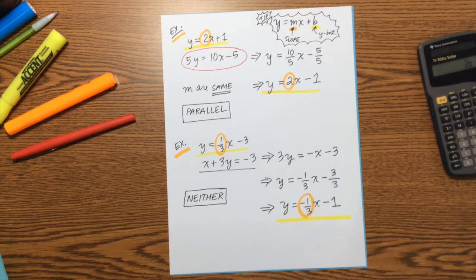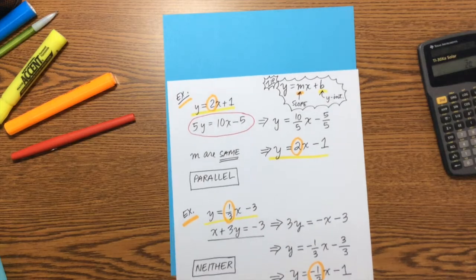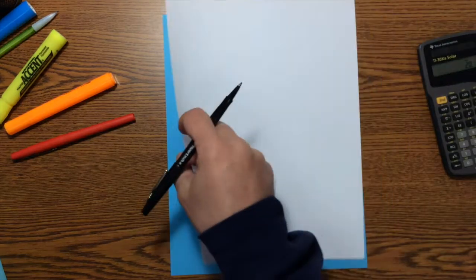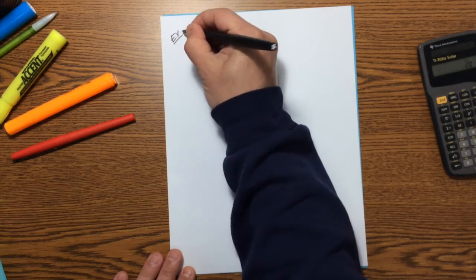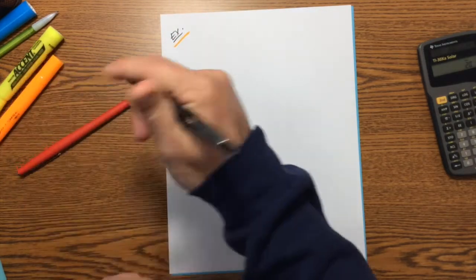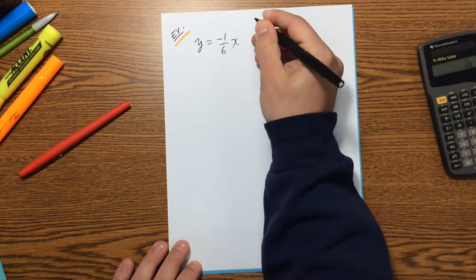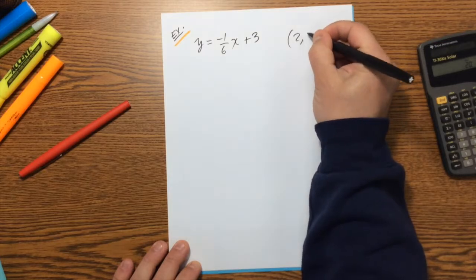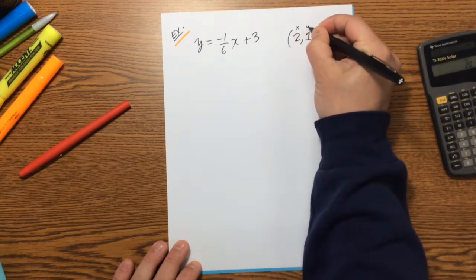Let's take a look at another example of something you're going to see in your homework, or the problems that I'm going to give you. I'm going to give you another scenario where I give you the equation for a line, such as this. And then I'm going to give you a point. Here's an ordered pair, and you know that this is the x value and that's the y value.